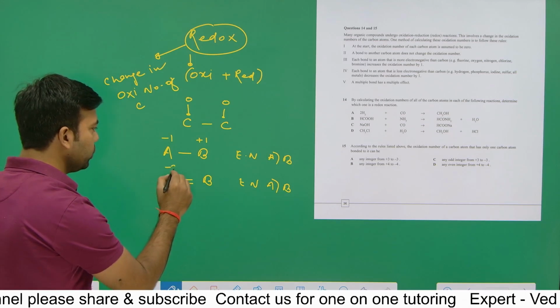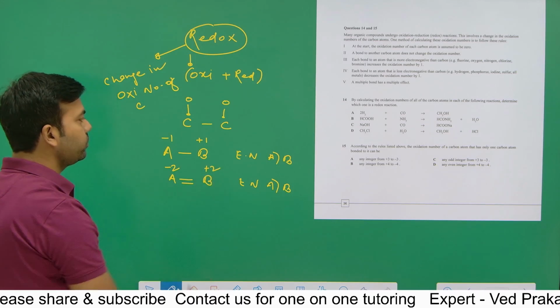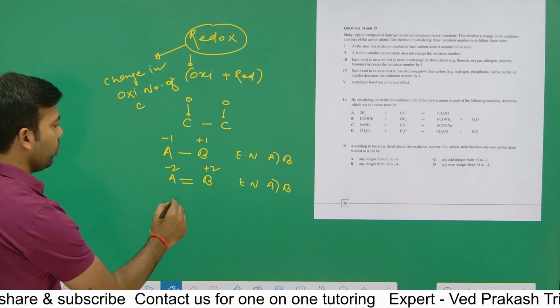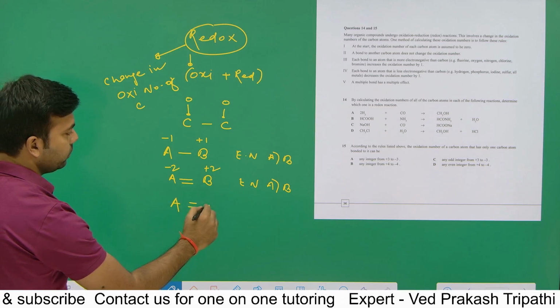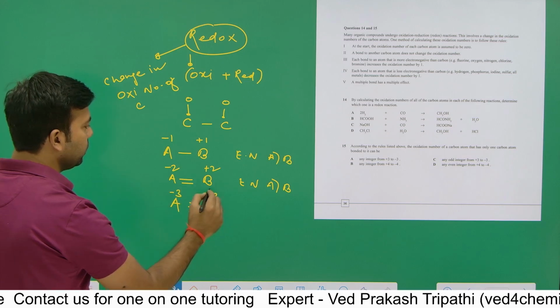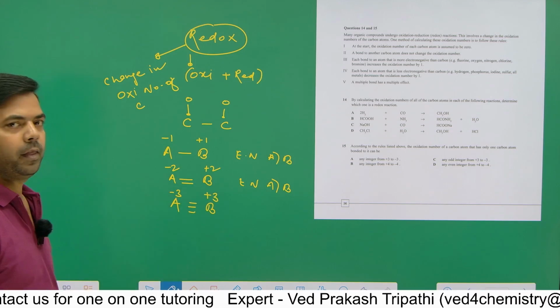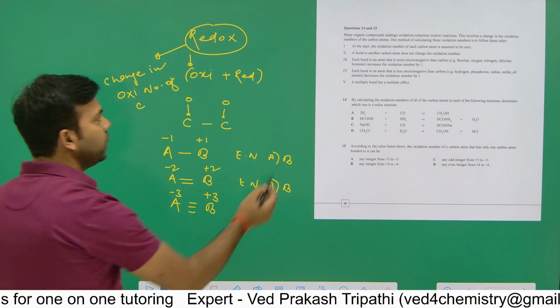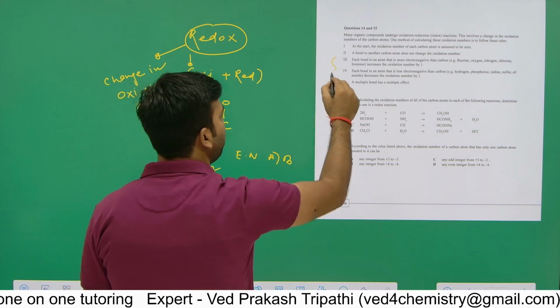So this is -2 and this is +2. If we have a triple bond, this is -3 and this is +3. Clear? Any doubt?